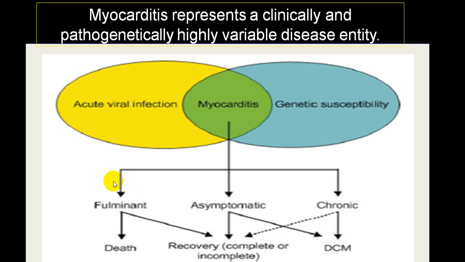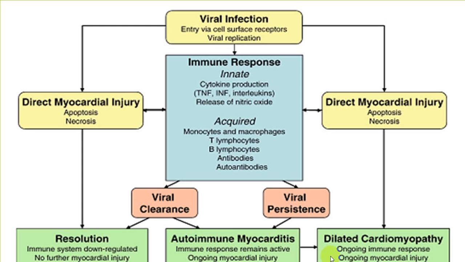A fulminant variety, because of an acute complication, can end in death, sudden cardiac death, or may recover, which can be partial or complete. The asymptomatic group will also recover, may be complete or partial recovery, and may end in dilated cardiomyopathy. Dilated cardiomyopathy is more common.